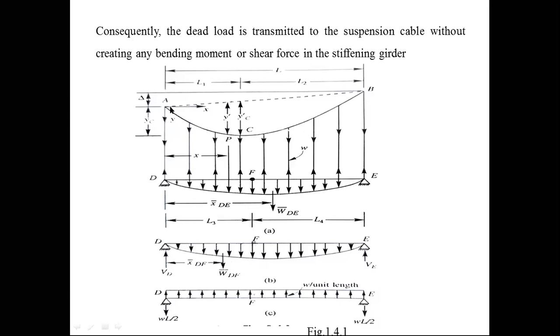So this dotted line is the inclined line between A and B, and at any point P the vertical ordinate is y dash, at point C it is y dash C, and this YC is the ordinate measured from the horizontal to the point C. The point C is located at a distance L1 from the left support, and the total length of the cable is L. This is figure A. Please draw it, all of you.